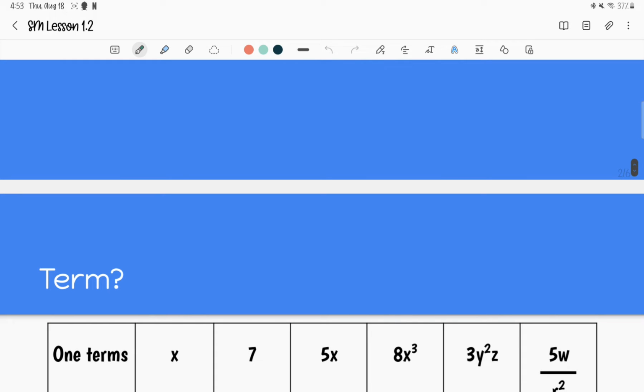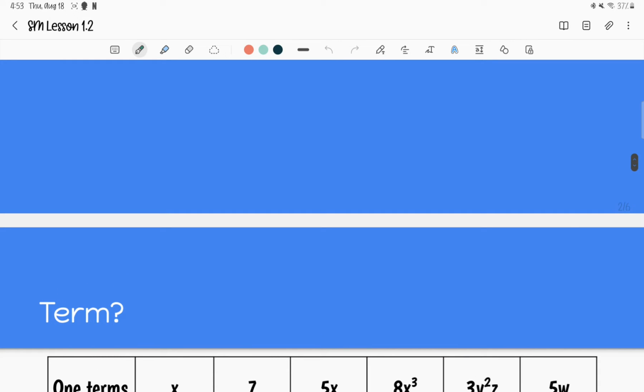So the first thing we need to know is, what is a term? A term is any number, variable, or combination of a number and variable in an equation or expression.